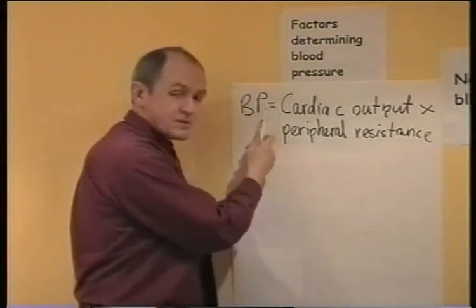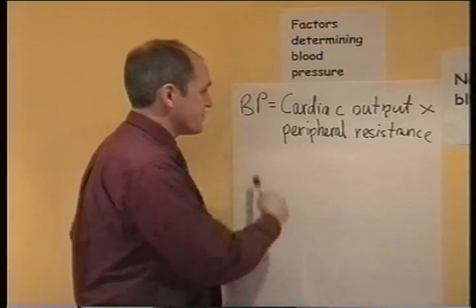So the blood pressure is equal to the cardiac output times the peripheral resistance.